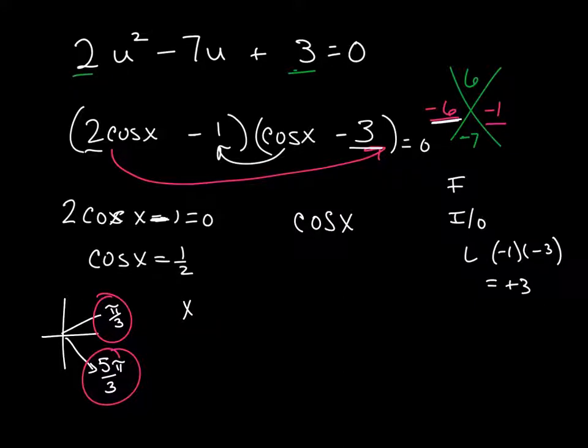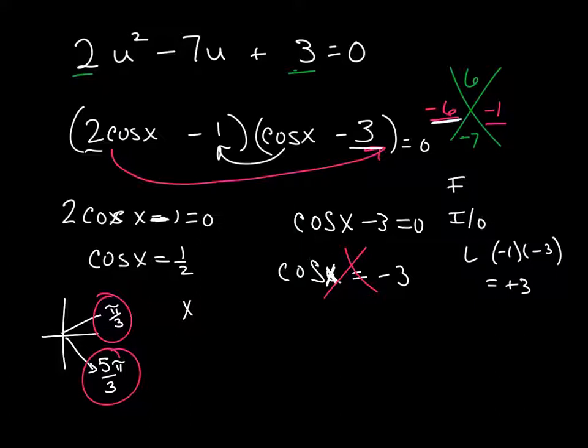I have the cosine of x minus 3 is equal to 0, or the fact that the cosine of x is equal to negative 3. Well, that's not possible. It's not possible because negative 3 is outside the range of what any value of cosine can equal.